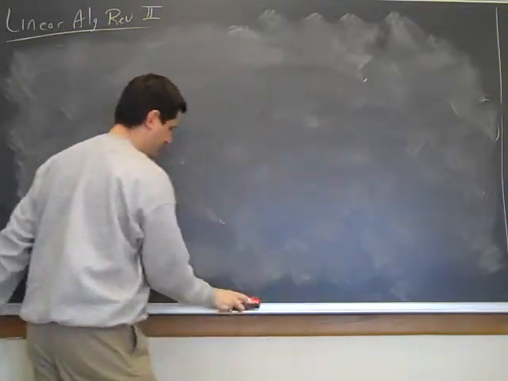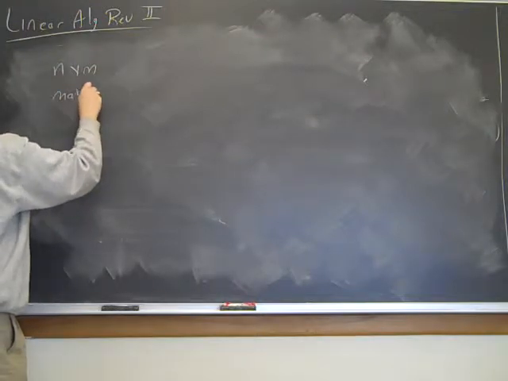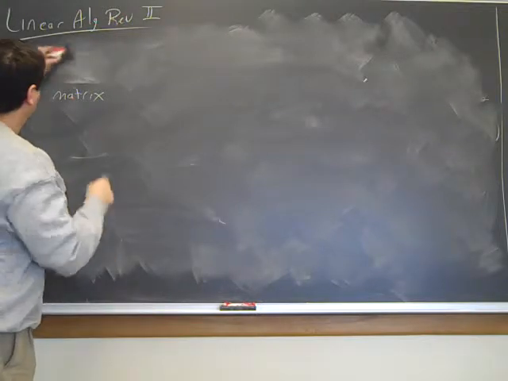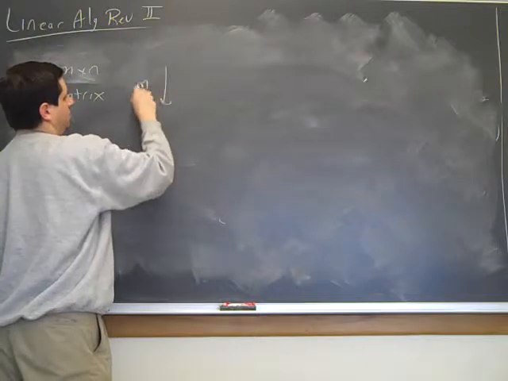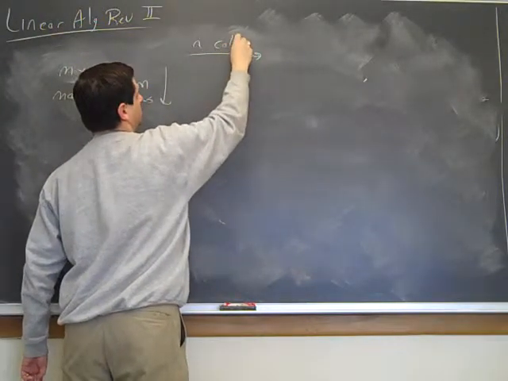And so we have an n by m matrix. Have I been doing n by n? I've been doing n by n, I think. So we have m rows, we have n columns.